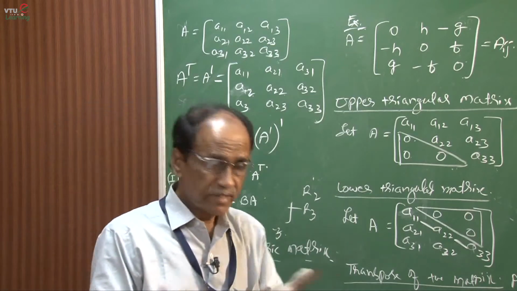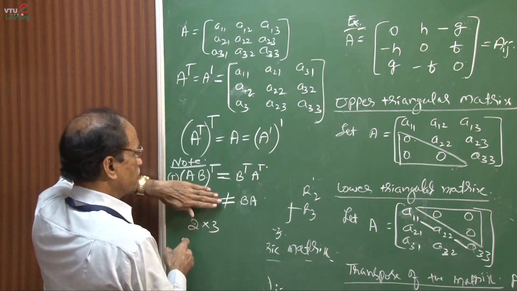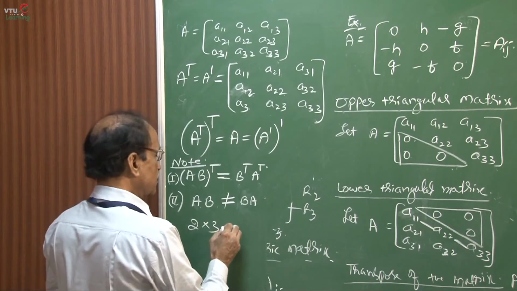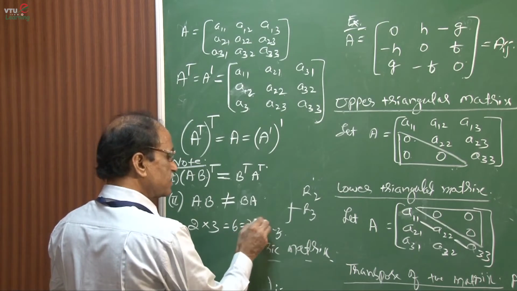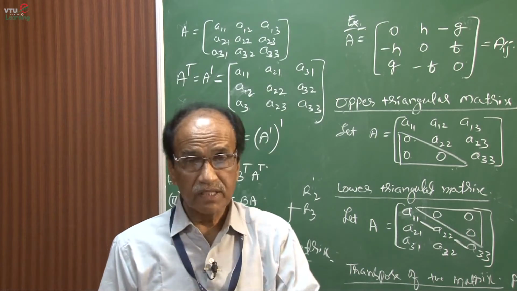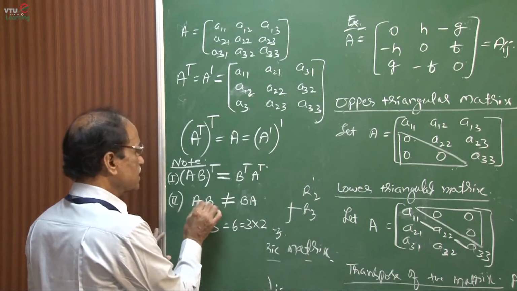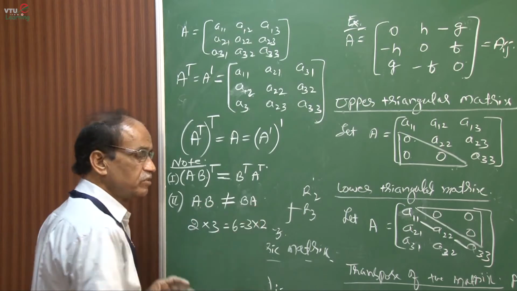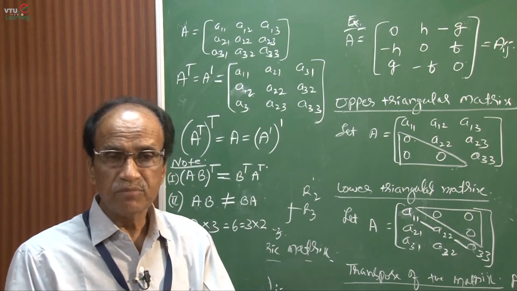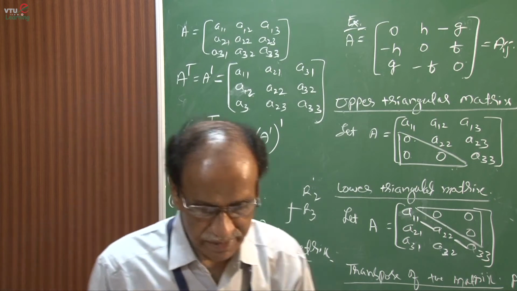If you take for example in the real number system 2 into 3, suppose A is not a matrix, B is not a matrix, A equal to 2, B equal to 3, it is 6, and this can be written as 3 into 2. This holds good in the real number system, but in matrices it is not going to be valid. Product A into B is not equal to B into A, which means the algebraic property we claim as the commutative property does not hold good in the case of matrices.